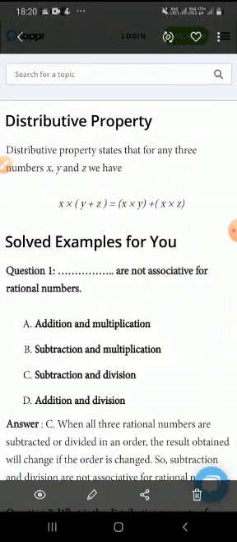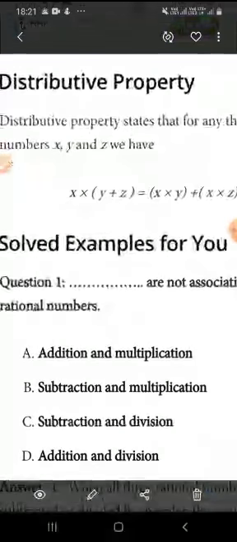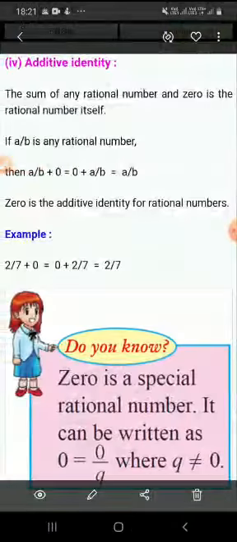The same holds true for subtraction. So the distributive property holds true for multiplication over addition as well as multiplication over subtraction.